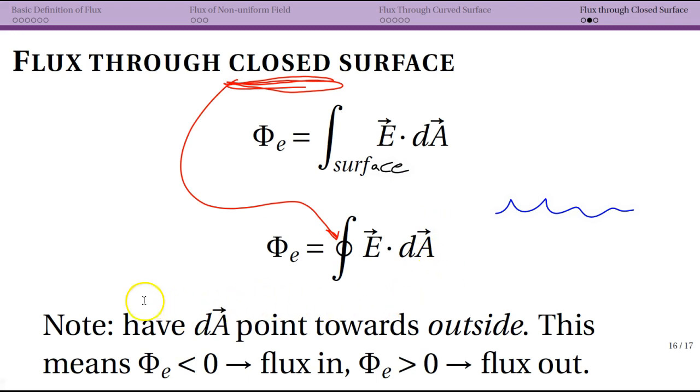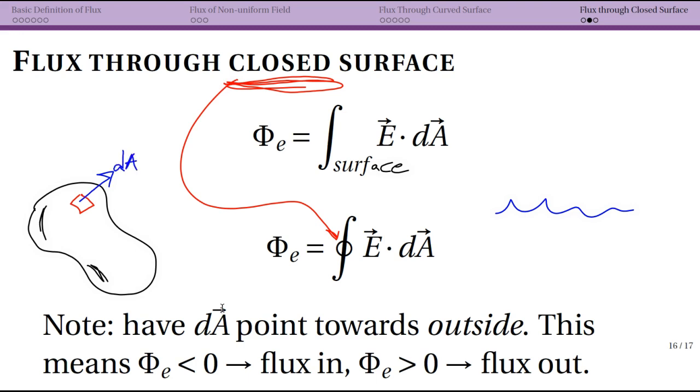So in this case, we now are going to have a sign convention, or a directional convention, if you will, for our A vector, or our little dA vector. So before we said that there's kind of a little bit of an ambiguity. Now, if I have some sort of surface that's closed and curvy, I'm not very good at drawing, and I think about some little section of it, and I want to draw my dA vector, it needs to point towards the outside.